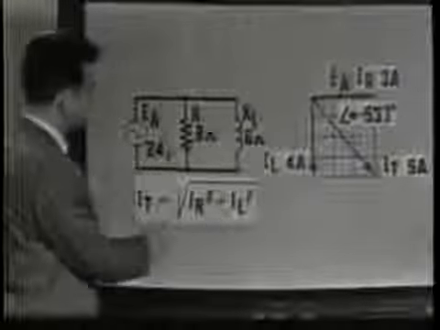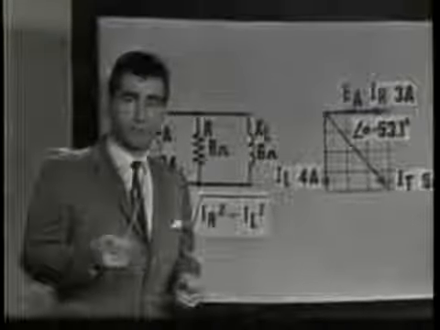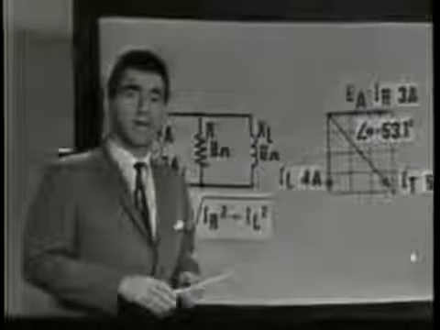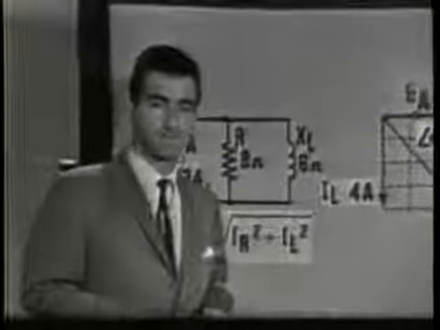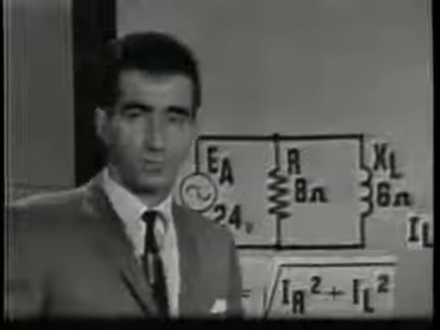IT is equal to the square root of IR squared plus IL squared, which of course is a much more accurate method. Angle theta may be measured from the graph also, or found by using the trig tables. Now, which trig function you use will be determined by exactly what you want to know about the circuit. Total impedance is found simply by applying Ohm's law.